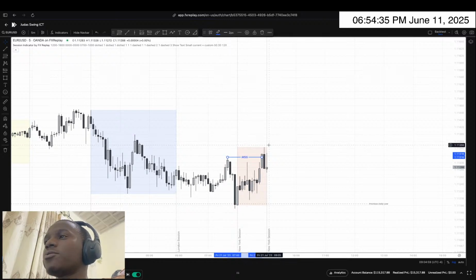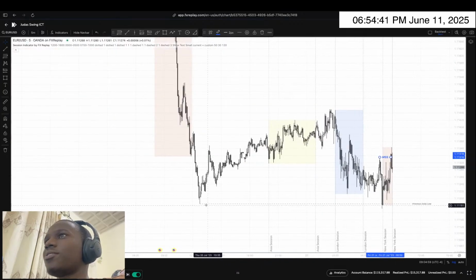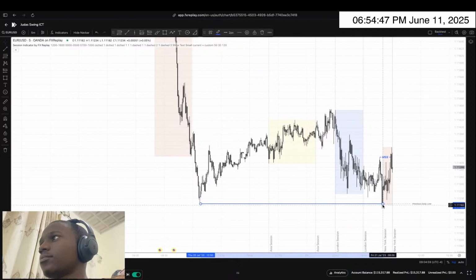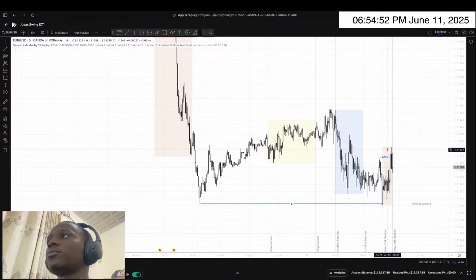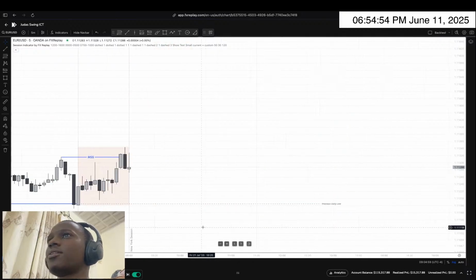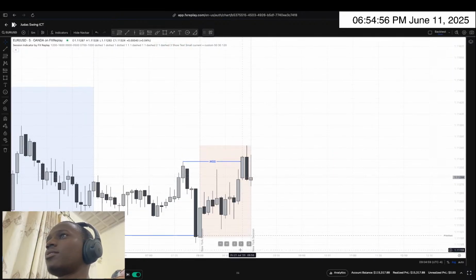We have no news on this Friday. The reason I called it a sweep is because we took out the previous day low right here. And when I go back to the, I'm still on the 5 minutes, sorry, which means my entry will be right there.